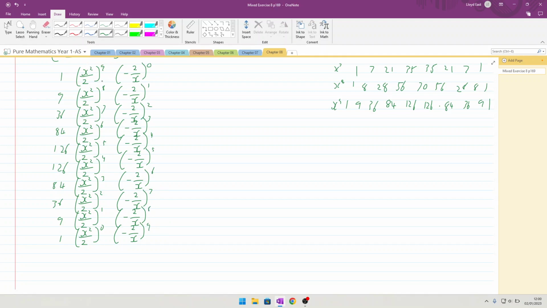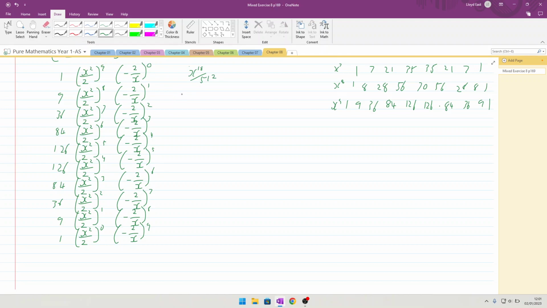So now as we start multiplying these out, okay, that's 1. Anything to the power of 0 is 1. So x squared to the power of 9 is 2 times 9 is 18. So we get x to the 18 over 2 to the power of 9, 512.